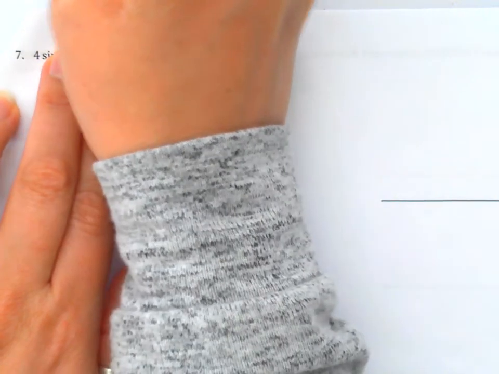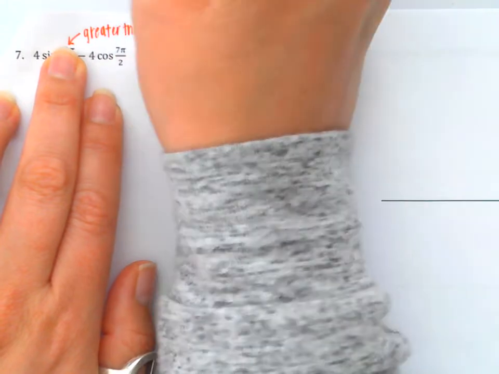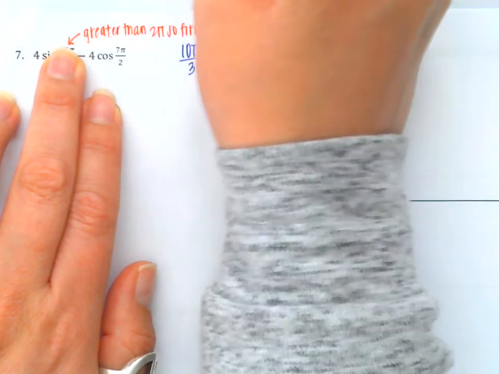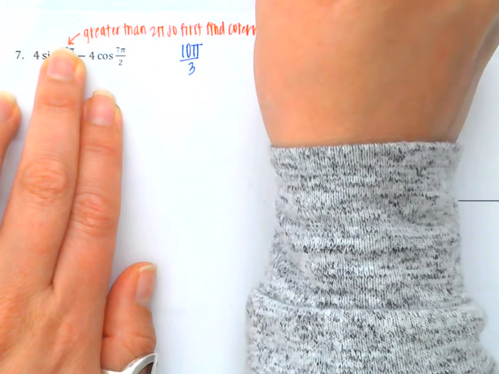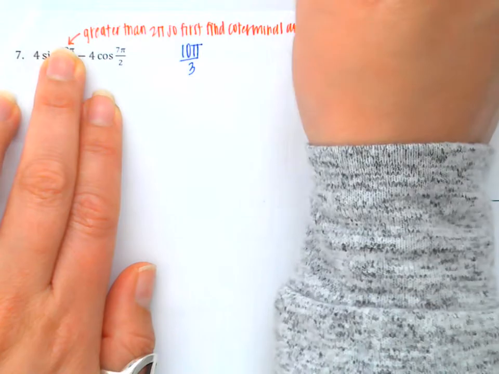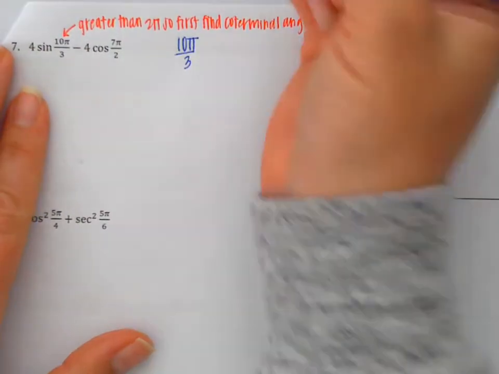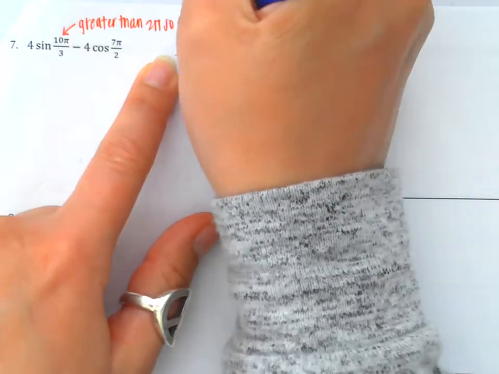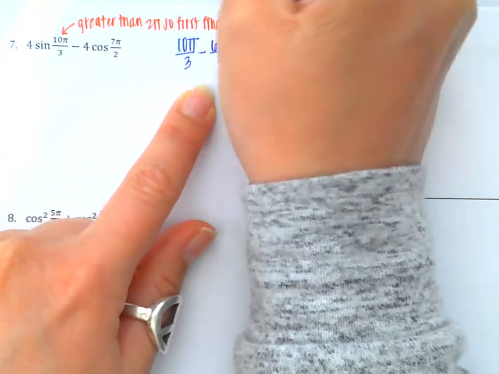This is greater than 2 pi, so we do that by subtracting 2 pi.